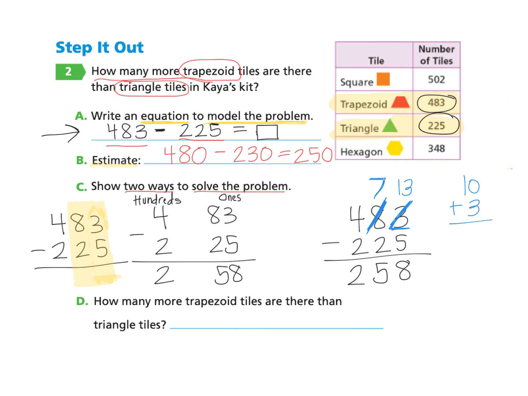Now I have demonstrated 2 ways to solve this problem. The first was combine place values, and the second was to regroup first. And I can answer part D. How many more trapezoid tiles are there than triangle tiles? There are 258 more trapezoid tiles.